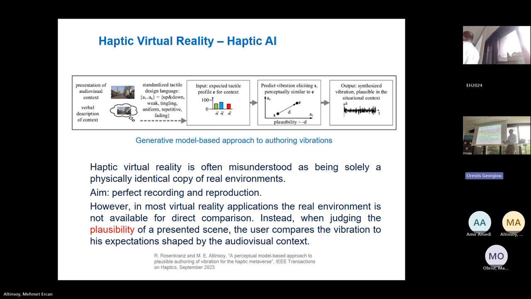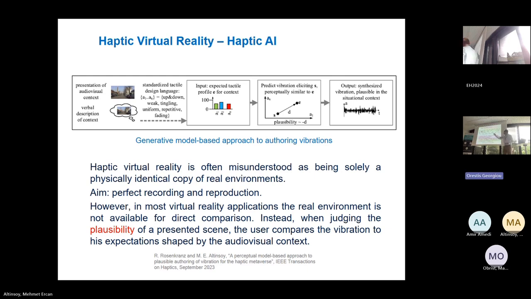We noticed that in most cases, we don't need to be as authentic as normal life. In most cases, it is enough to fulfill the expectations. It means plausibility. And plausibility is very different from authenticity. And in that case, it is very critical to know what we expect from this haptic event, haptic reproduction.